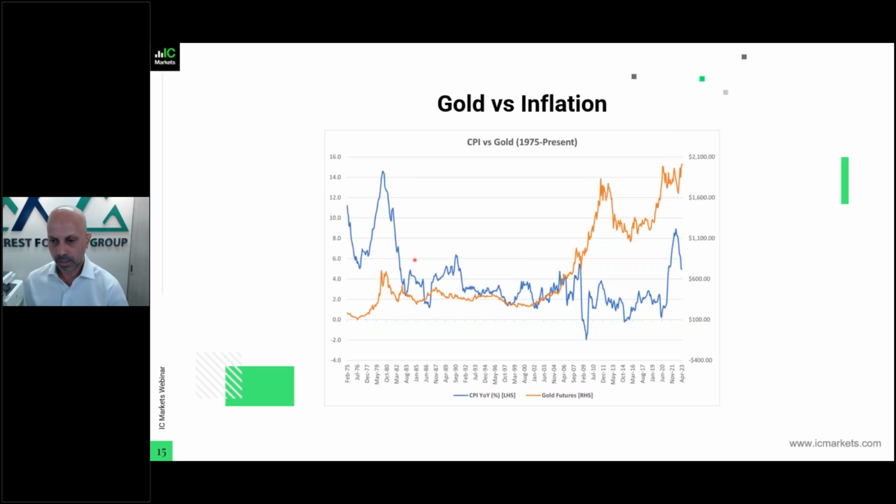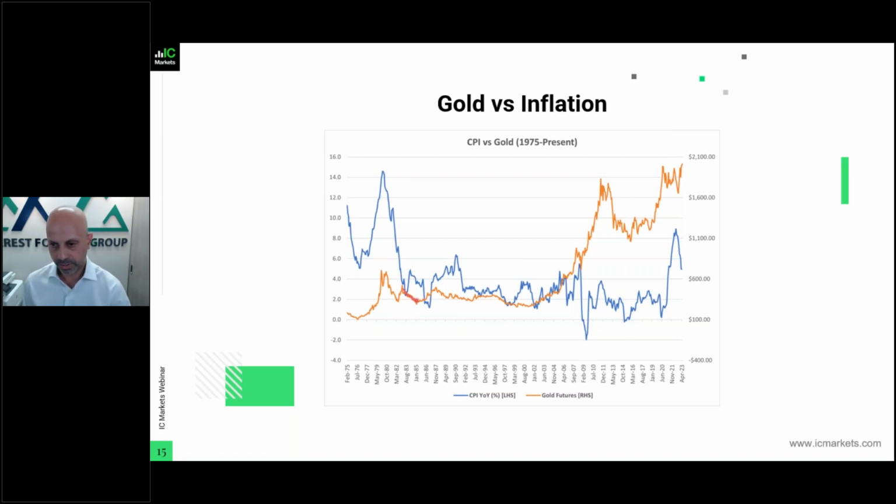Now, next brings us to August 1983. We had a sharp pullback in consumer price index, dropping to as low as 2% year over year, and then it reversed and started rising sharply, going up to almost 5% again.